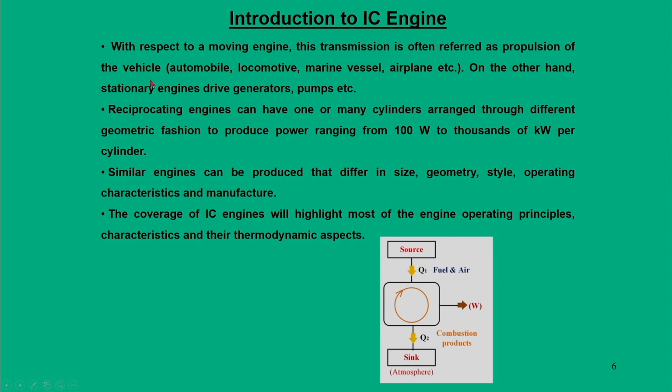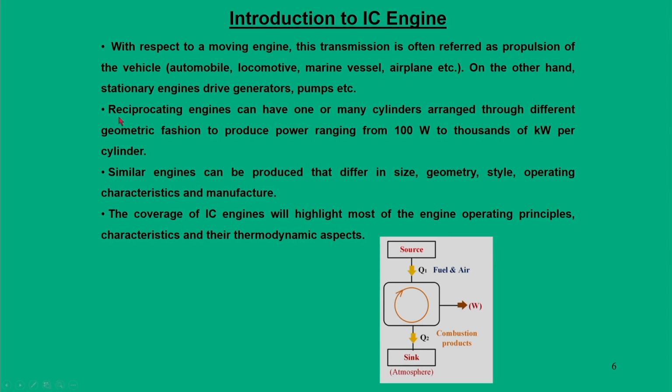We can think of stationary engines in the form of generators or pumps that are also used, but they are not moving any type of vehicle or body; rather they are used mainly for transmitting power.